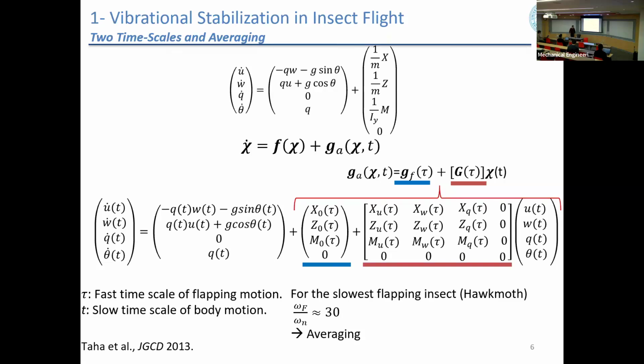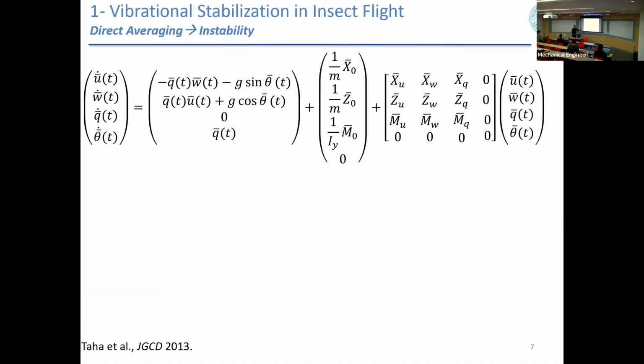Biologists who started doing this said this is too fast to affect the dynamics. The insect feels only the average values of the aerodynamic loads, not the oscillatory components. Now, if you average out over the fast time scale, you get quantities where the over bar means averaged. And there is no more tau, no more fast time scale.